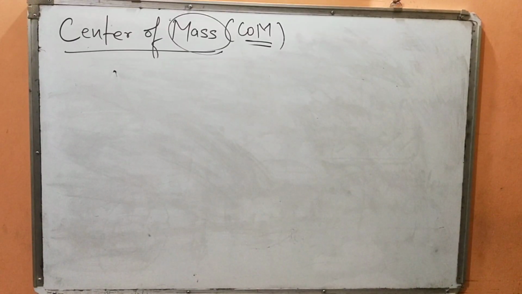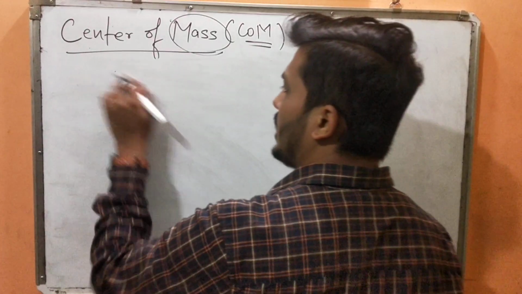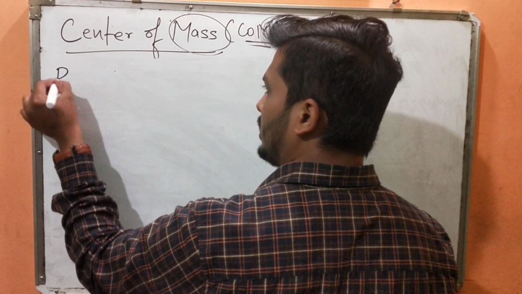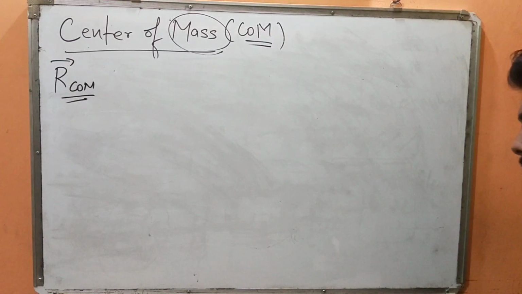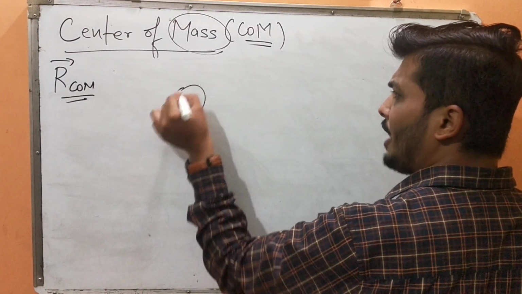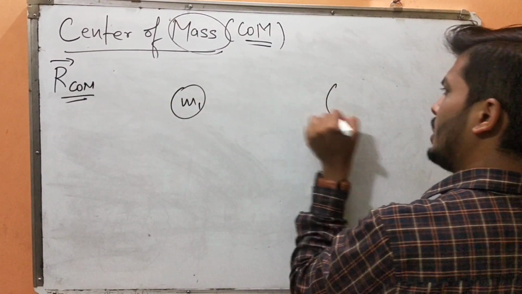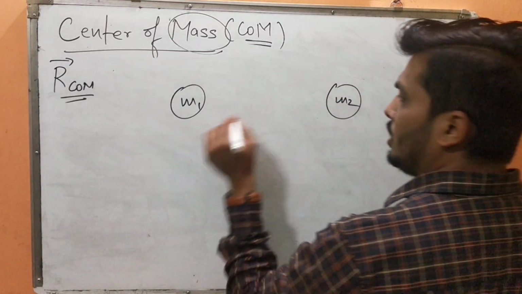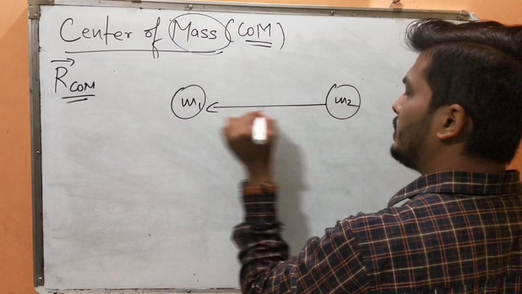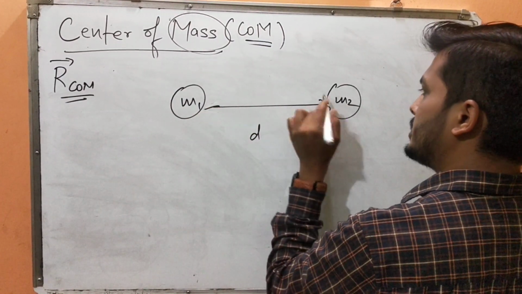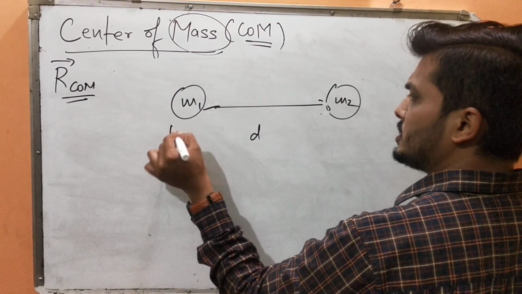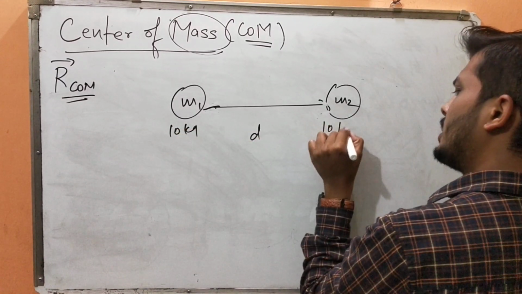Are you understanding? Now, how do you represent center of mass in terms of position vector? Let us understand this. Suppose I have two masses M1 and M2 separated by a certain distance D. This is of 10 kilogram and this is of 10 kilogram.